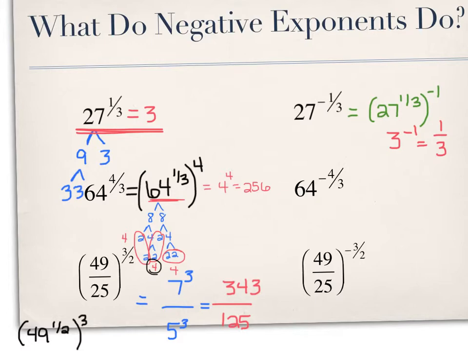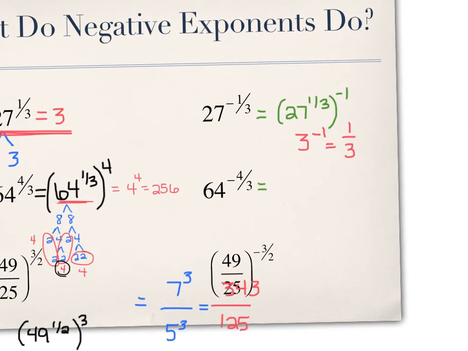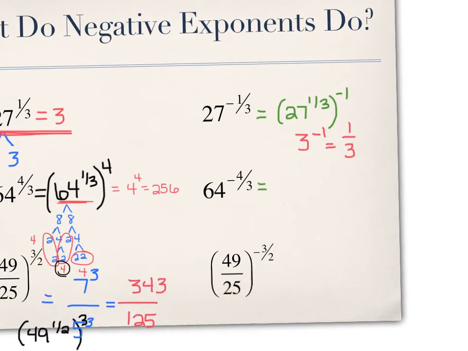Okay, for 64, and I'm not going to redo the factor tree here, I would rewrite this exponent as, I forgot all that junk at the bottom needs to move. I would rewrite this exponent as 64 to the 1/3 to the power of 4 to the power of -1. Again, taking that negative 4/3 apart and splitting it into 3 different pieces.